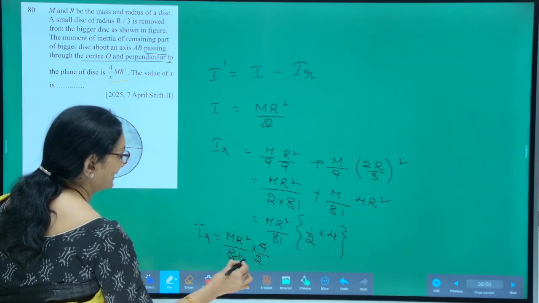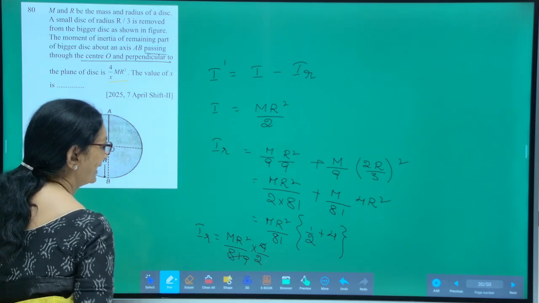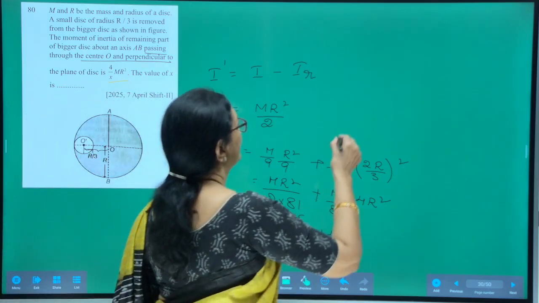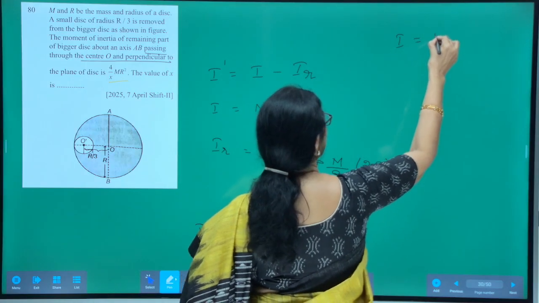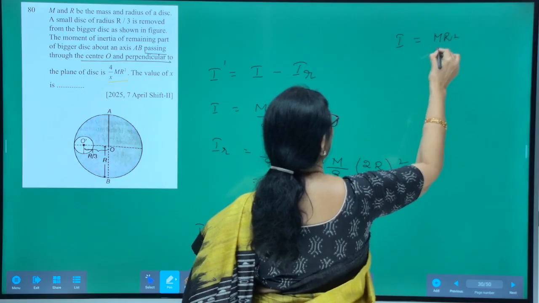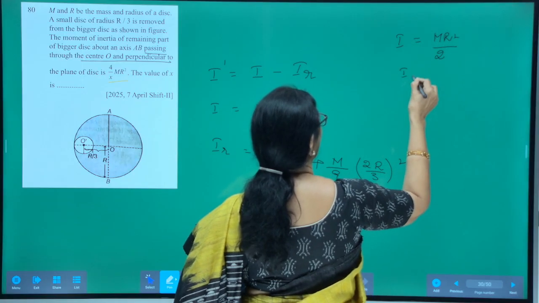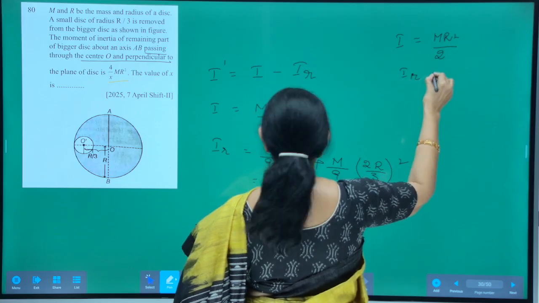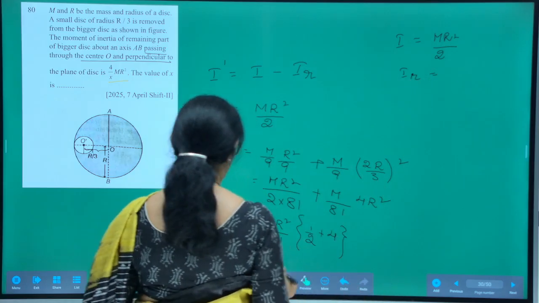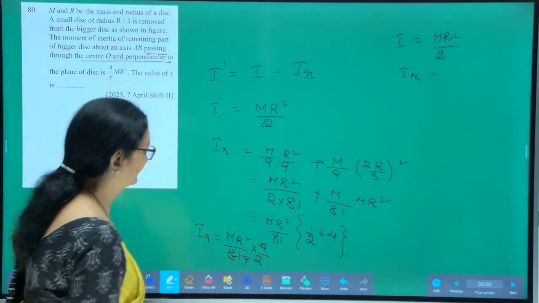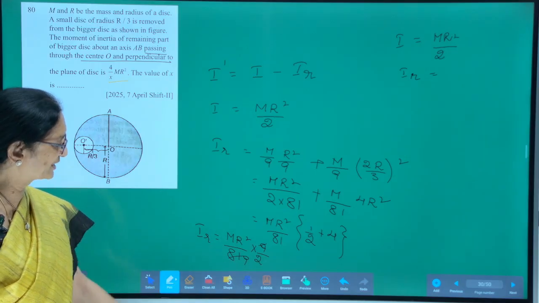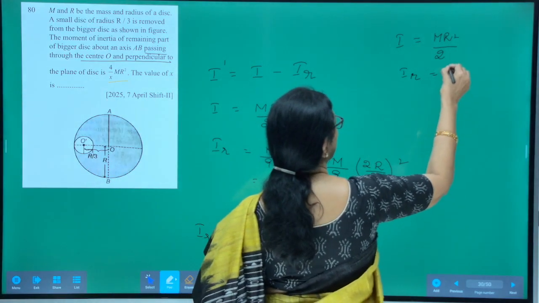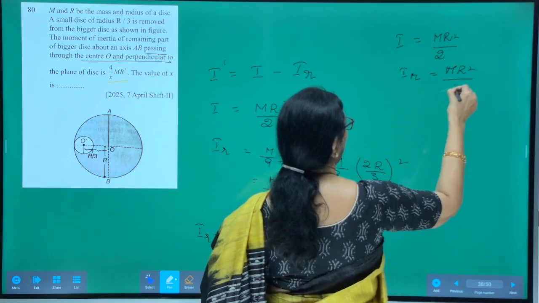This gets cancelled, 9 times mr square by 18. So moment of inertia of the original disc is mr square by 2. Moment of inertia of the removed part is how much? Look here. This one, isn't it? How much? Mr square by 18. This is mr square by 18.